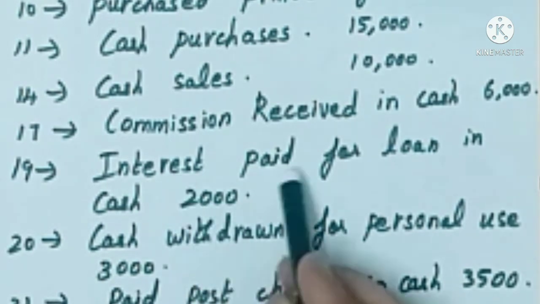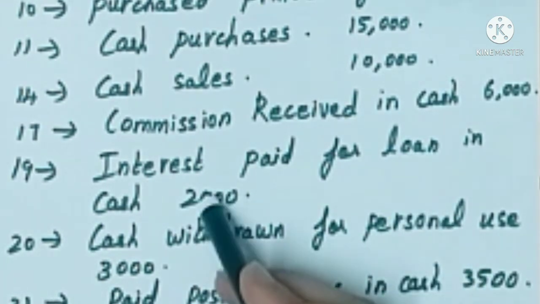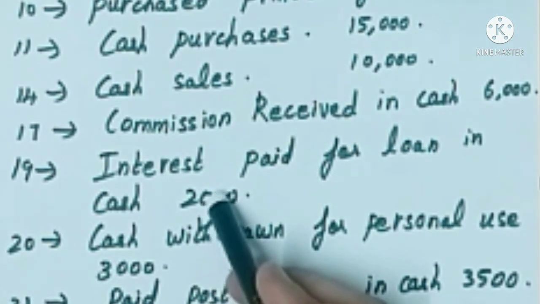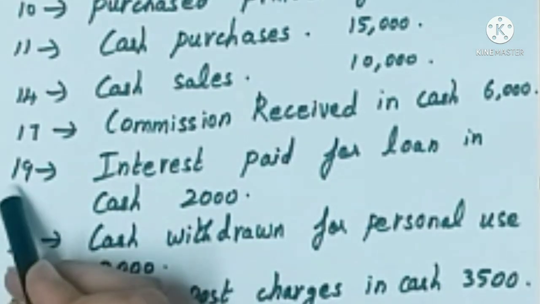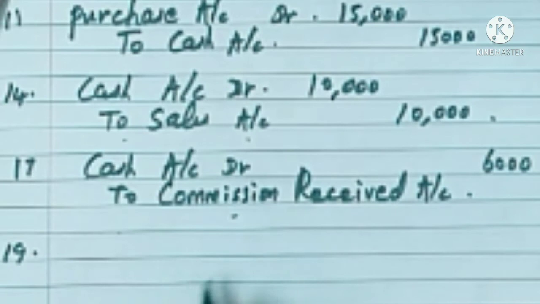Interest on loan is an expense. Now let's see how to pass the journal entry for this transaction. Amount is rupees 2000. Date of the transaction is 19th June.